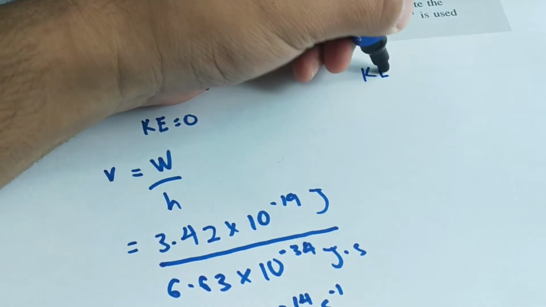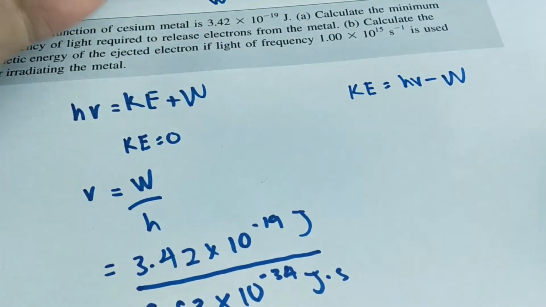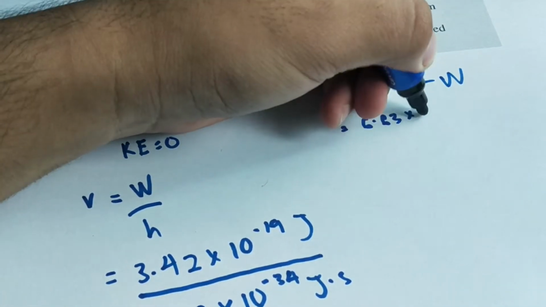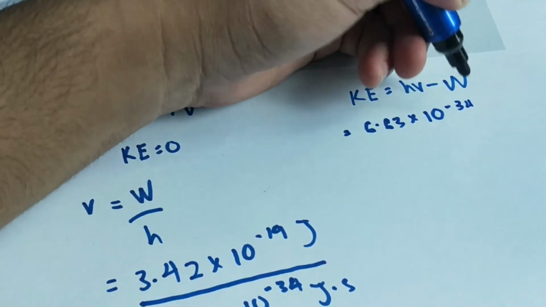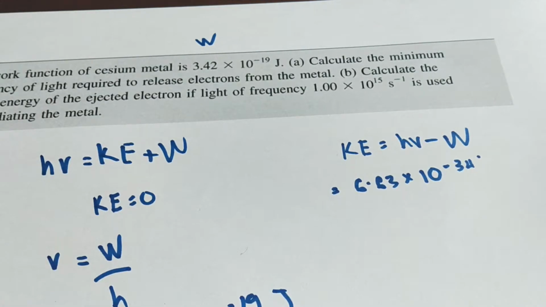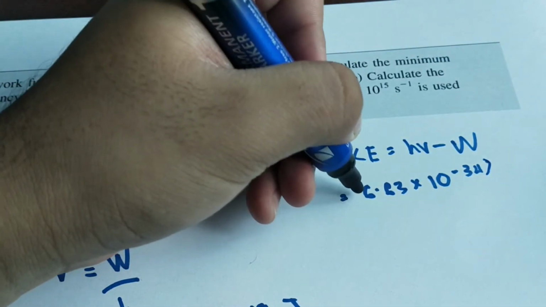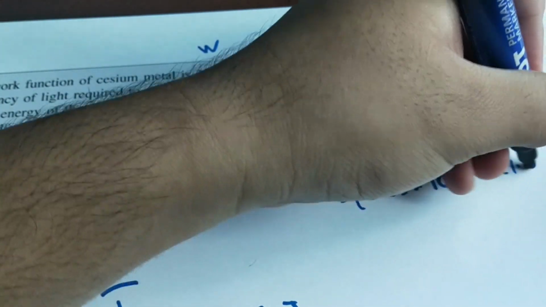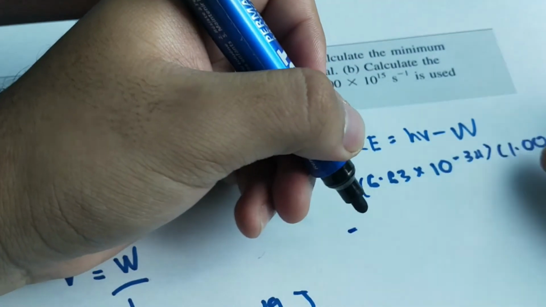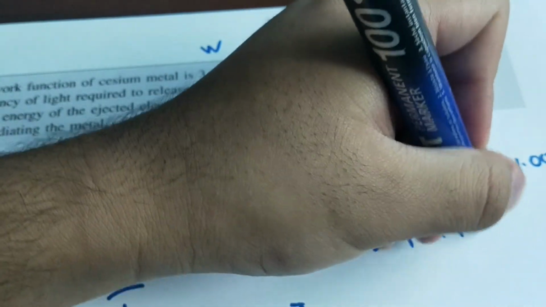The formula is KE equals hv minus W. You already have all the data, so you just put it in the equation. 6.63 times 10 to the power of negative 34, and the frequency given for this question is 1.00 times 10 to the power of 15, minus the work function, which is 3.42 times 10 to the power of negative 19.